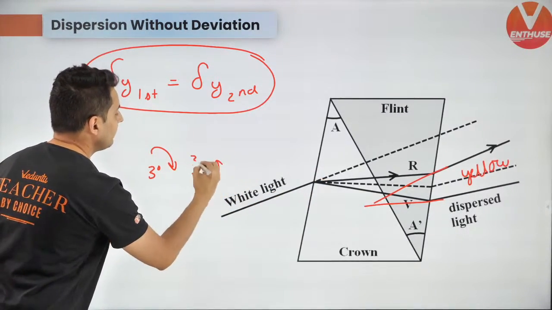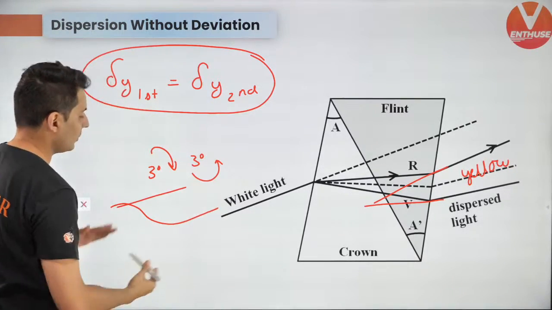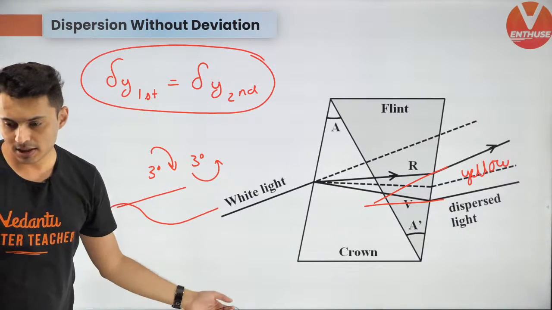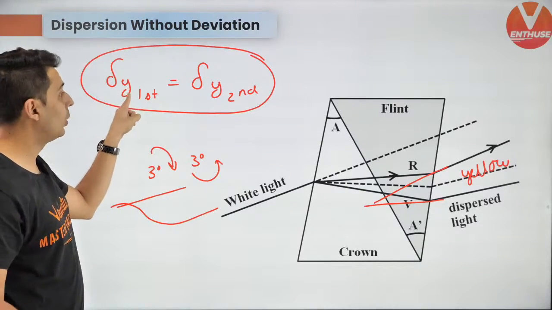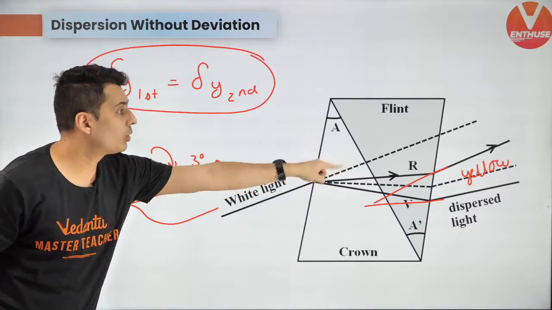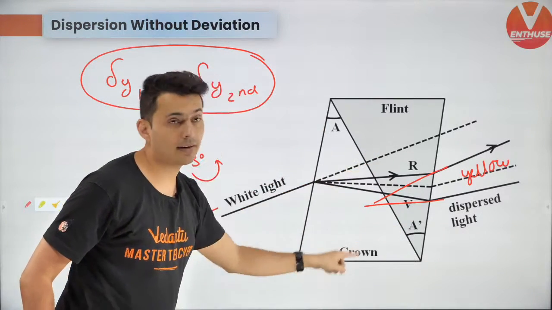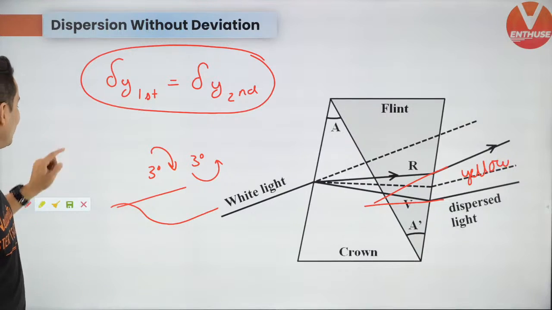It will again deviate by 3 degrees in the second. So the average deviation will be 0. I hope now it is clear. Okay, Vijay, Raghav, everyone understood this? This is delta of yellow in both the prisms. These prisms could have different angles and different refractive indices. Okay, no problem. Very good.